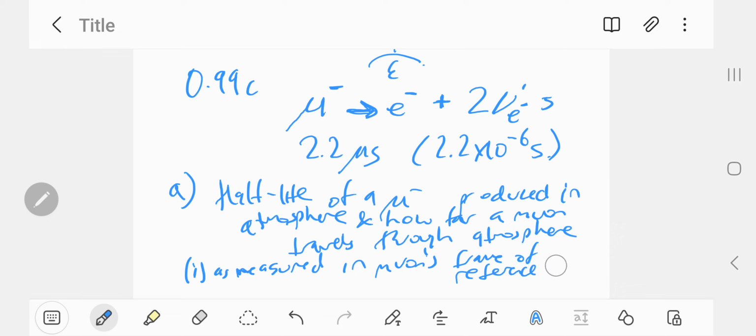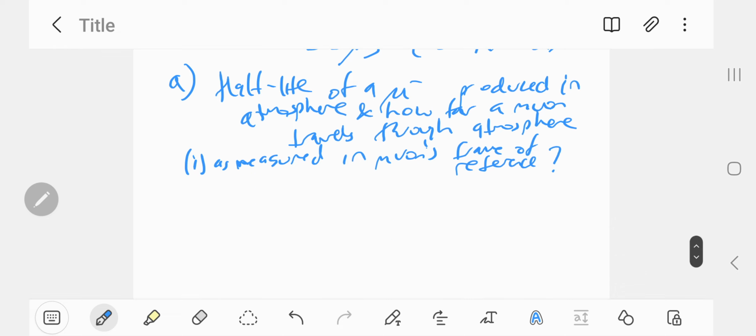A bit wordy, but let's break this down. So we need to work out the half-life of a muon produced in the atmosphere and how far it would travel through the atmosphere in the frame of reference of the muon itself.